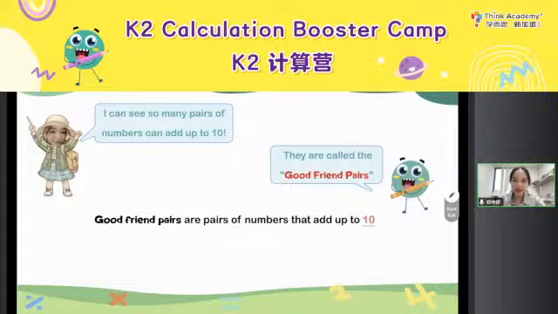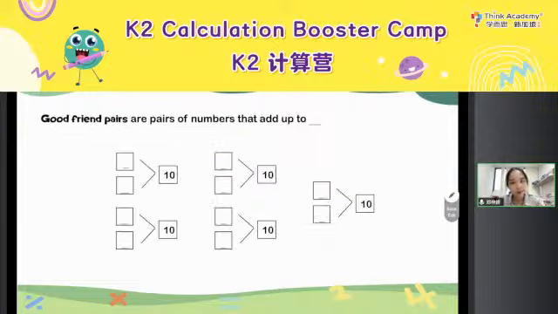All right. And now, previously, how many good friend pairs are there? Let's check it out. Okay. So, good friend pairs are pairs of numbers that can add up to get 10. So, let's think about it.